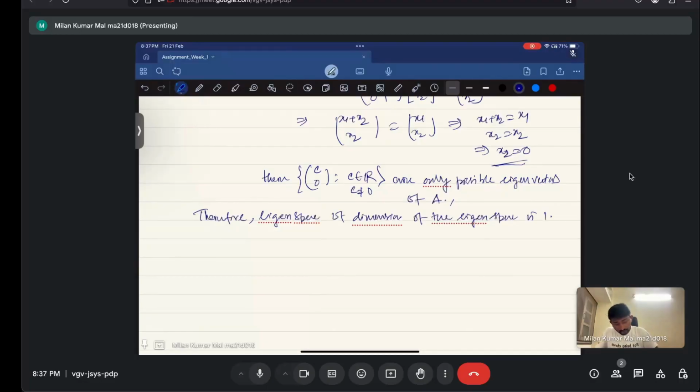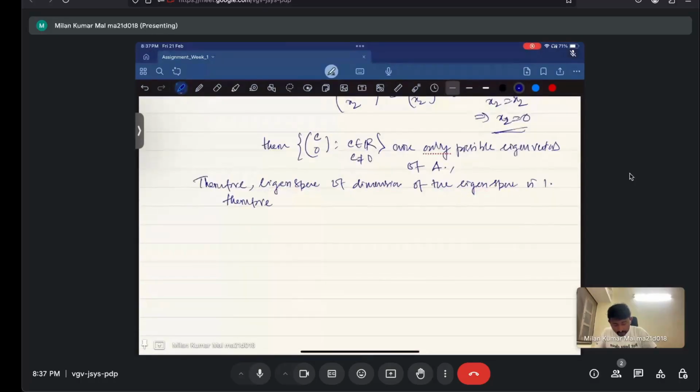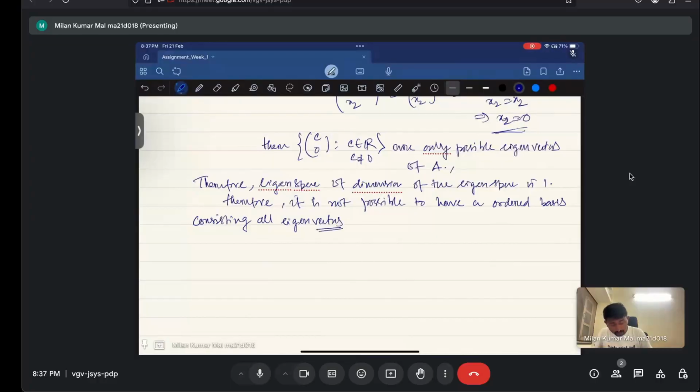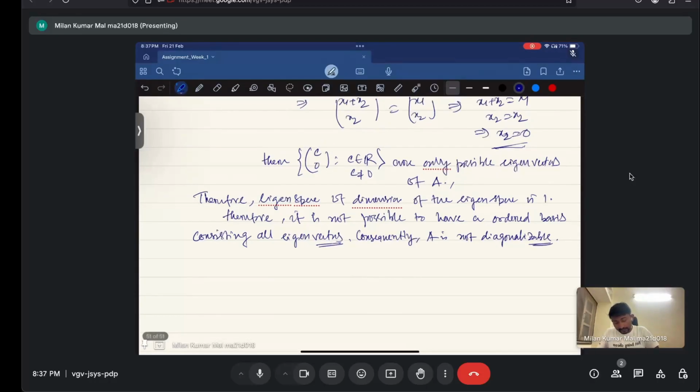Therefore it is not possible to have an ordered basis consisting of all eigenvectors. Consequently A is not diagonalizable.